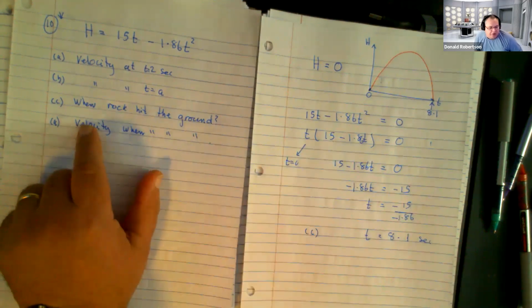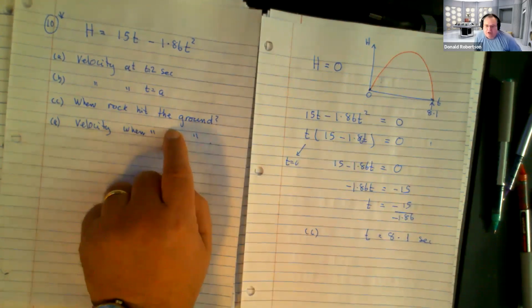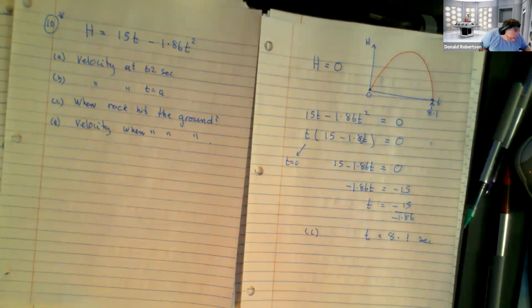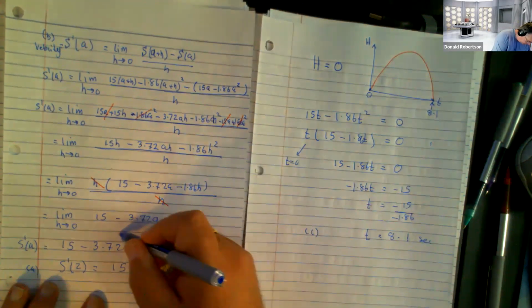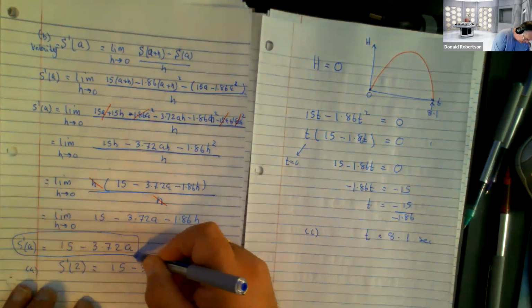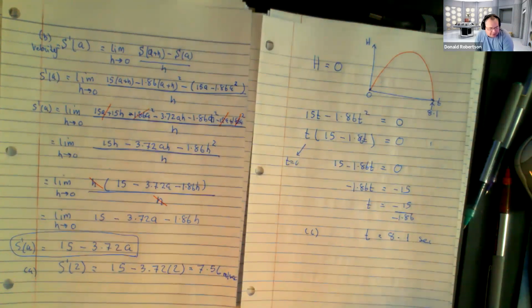And now it's asking us, what is the velocity when it hits the ground? Well, the good news is we already know most of what we need to know. Won't that guy tell me the velocity at any value of t I like?